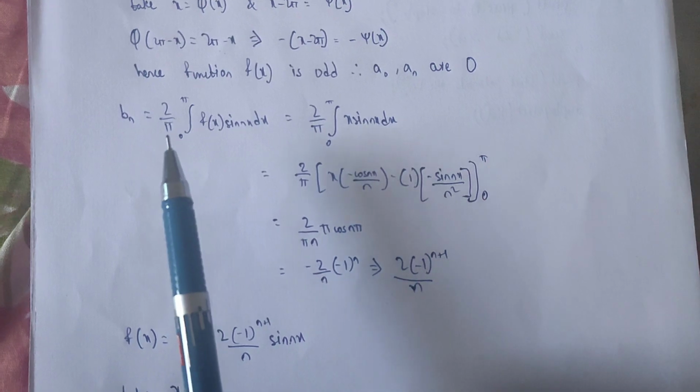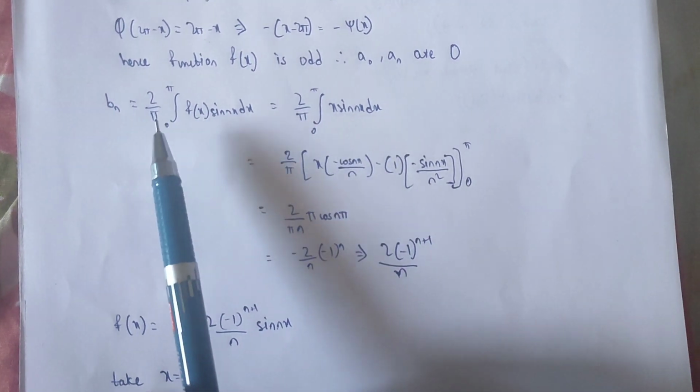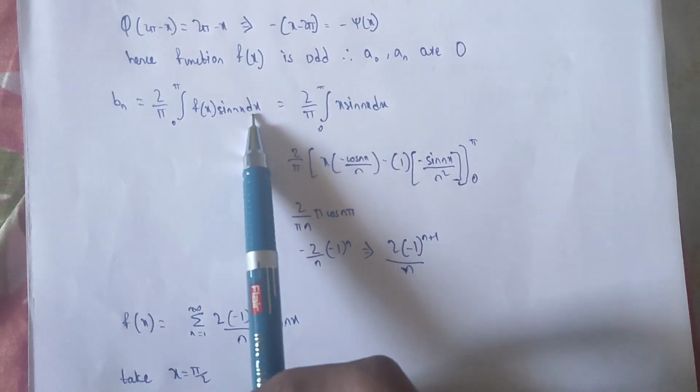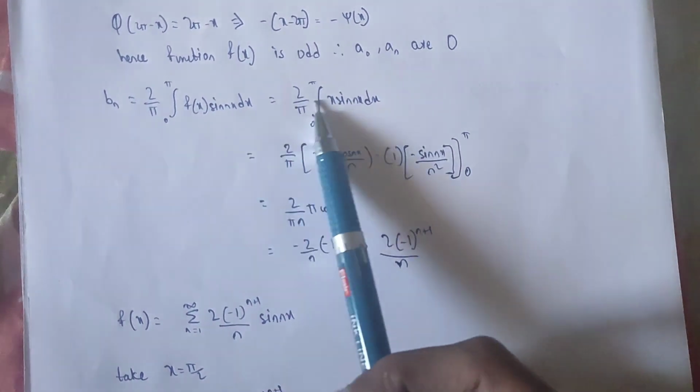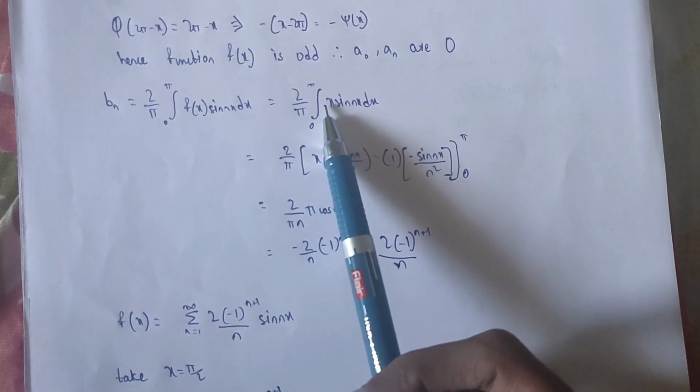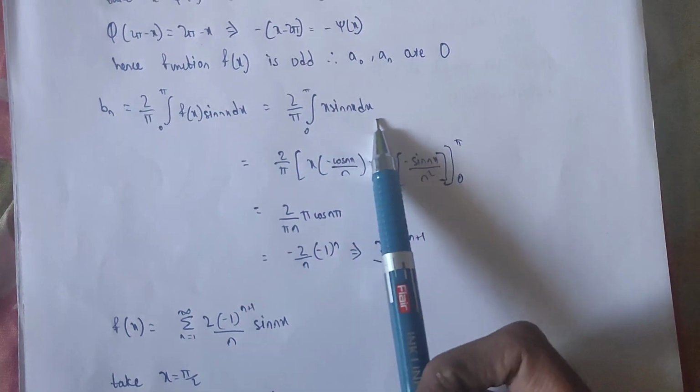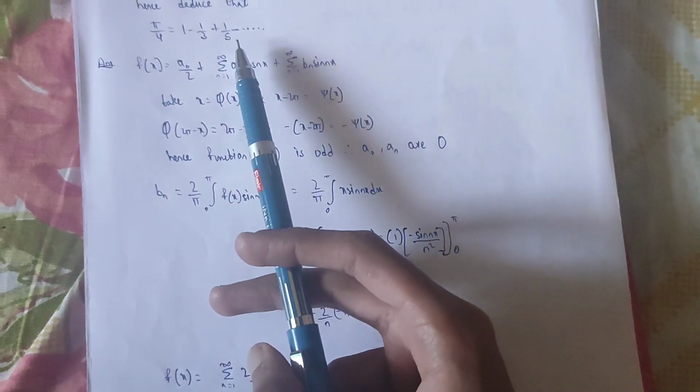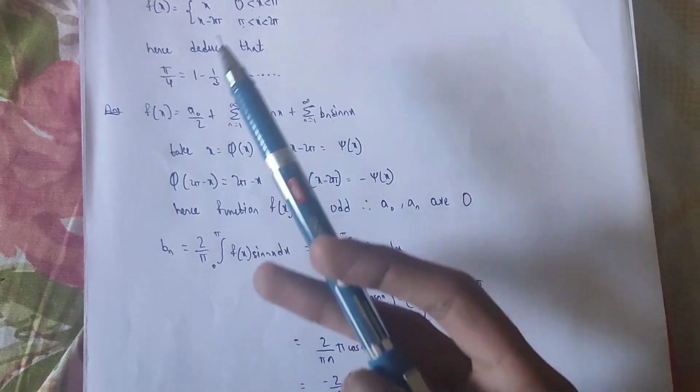Bn is given by 2 by pi integration from 0 to pi f of x sin nx dx. We replace f of x here: 2 by pi integration 0 to pi x sin nx dx. We take x as it lies in the limit 0 to pi.